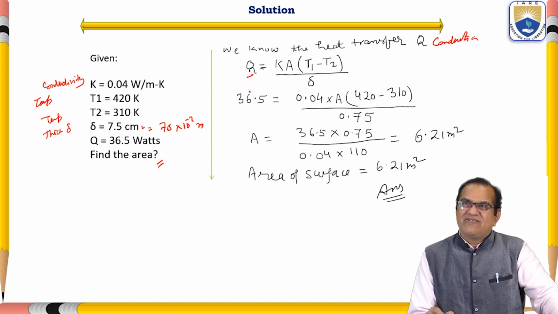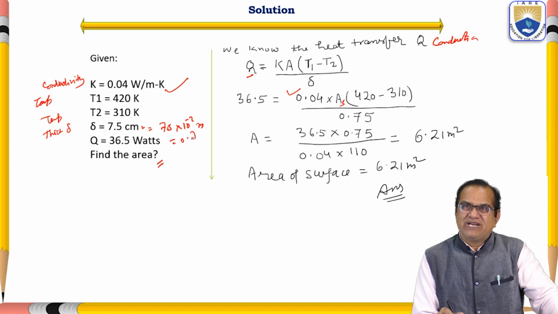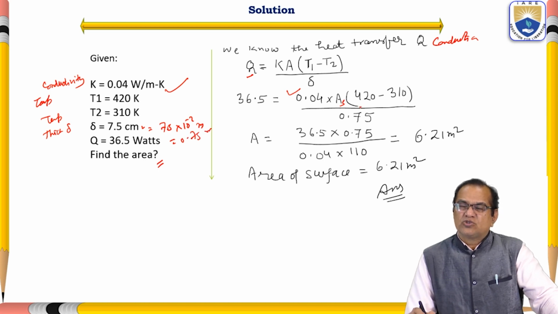So Q is given as 36.5 watt, K is given as 0.04, A we have to find out, 420 is the highest temperature and 310 is the lowest temperature, divided by delta, which is 0.075 meter.